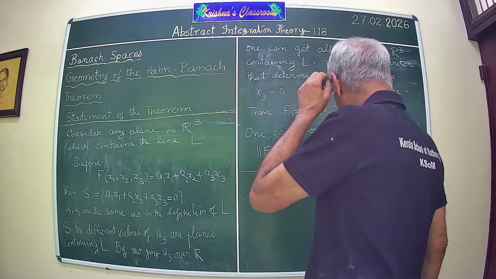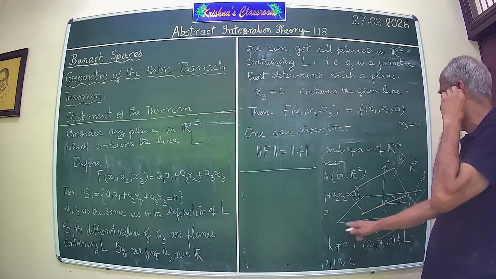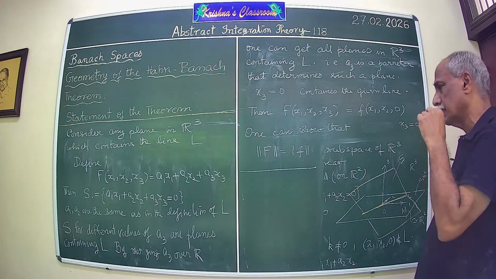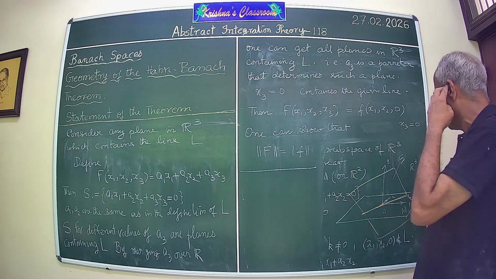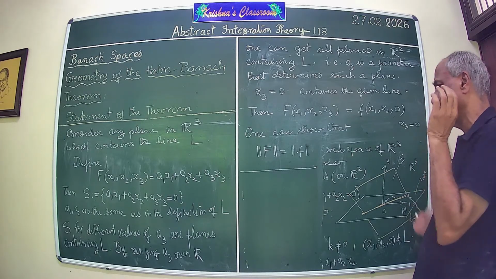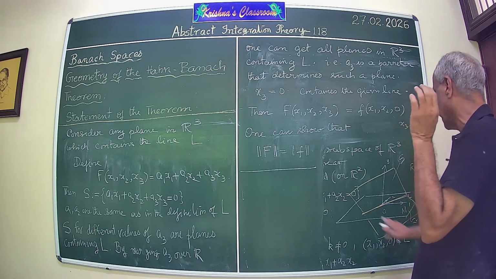So here you have a linear function defined in R2, here is the x1, x2 space, and it determines a line, and once it determines a line, you can choose planes containing this.